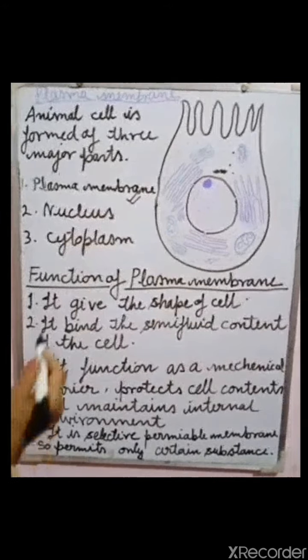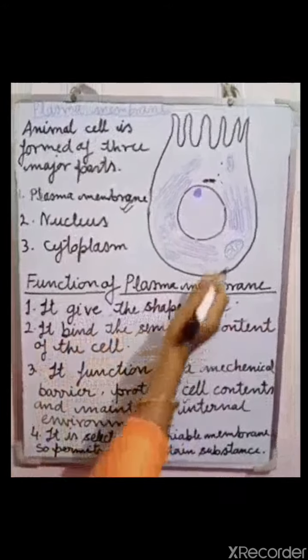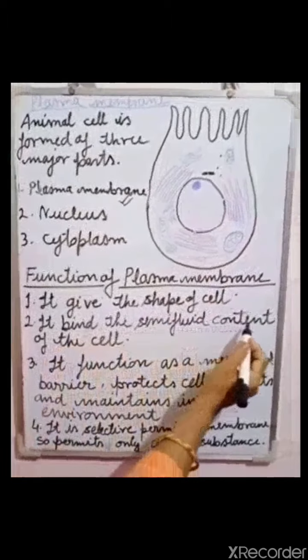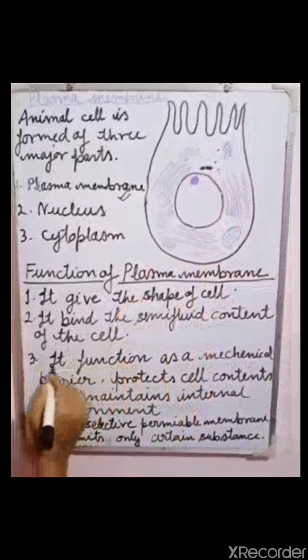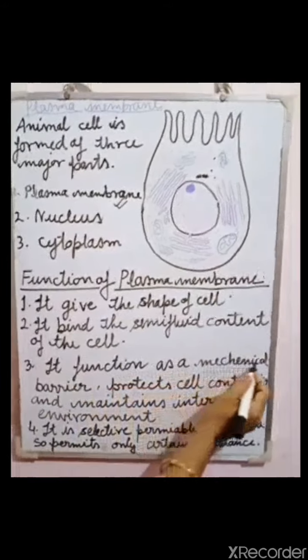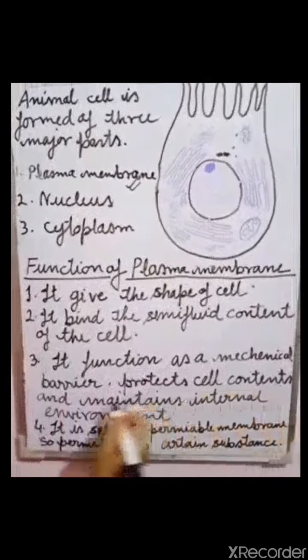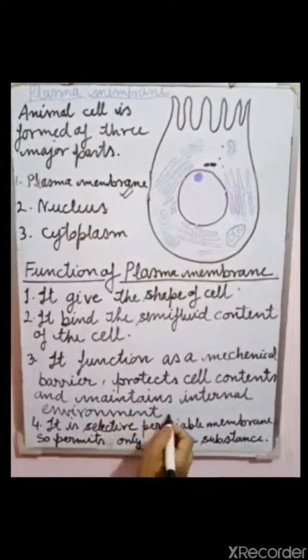Now come to the topic, functions of the plasma membrane. It gives shape to the cell. It binds the semi-fluid content inside the cell. It functions as a mechanical barrier, protects cell contents and maintains the internal environment.